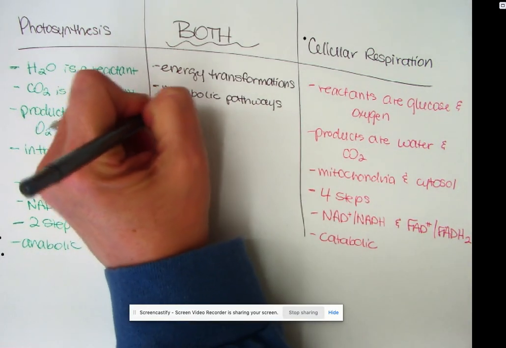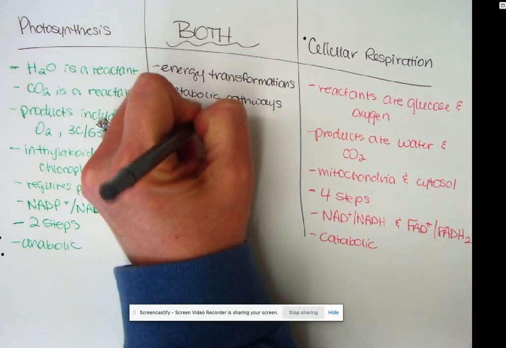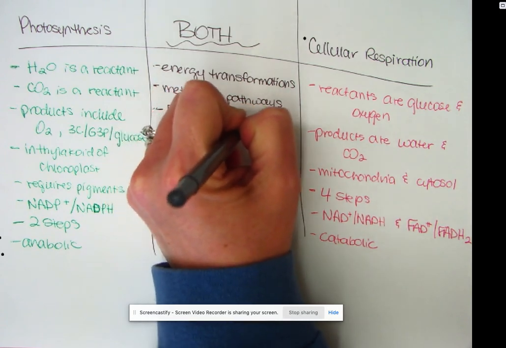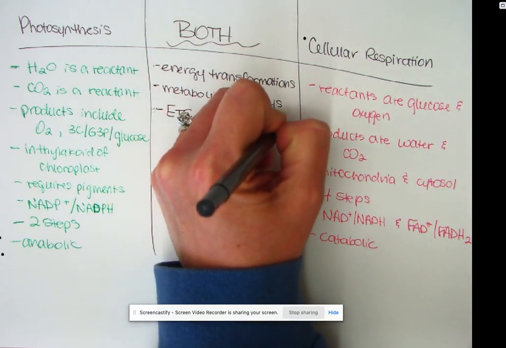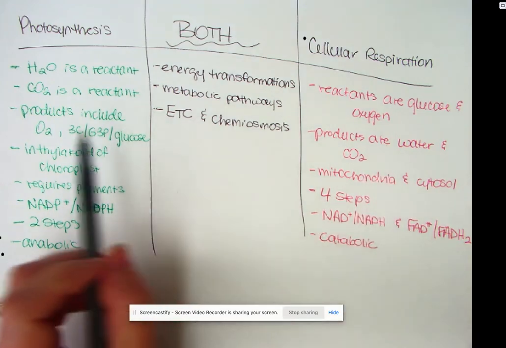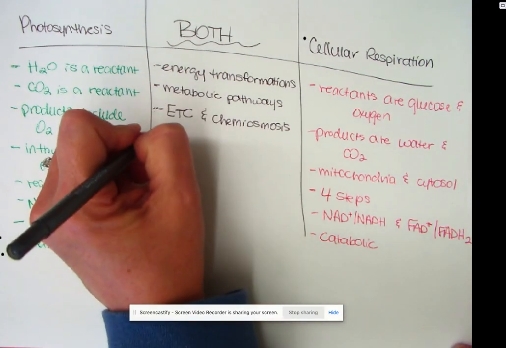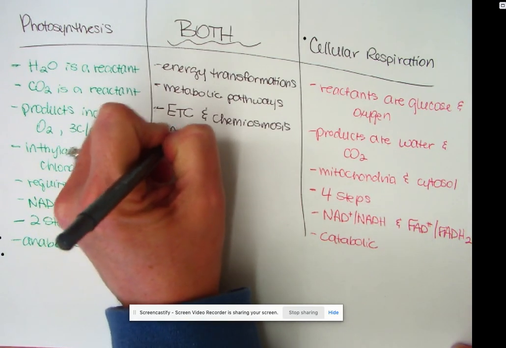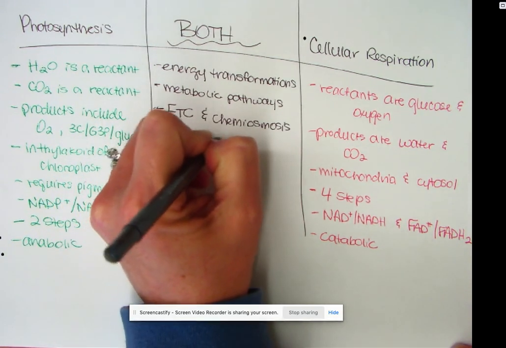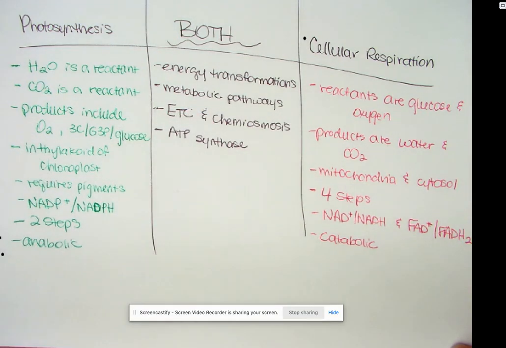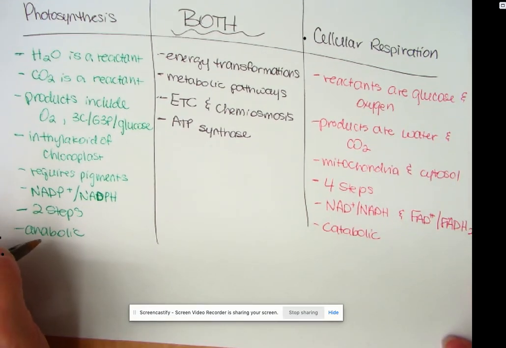Both have an electron transport chain and chemiosmosis. Okay, that's in oxidative phosphorylation for respiration, and it's in the light-dependent reactions for photosynthesis. They both use ATP synthase to produce ATP.